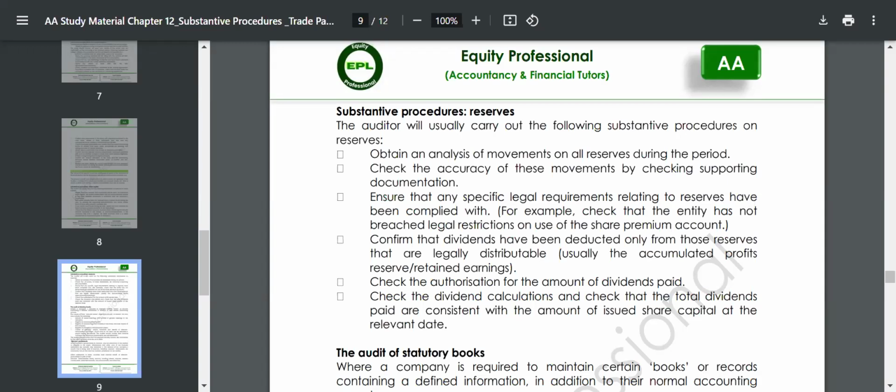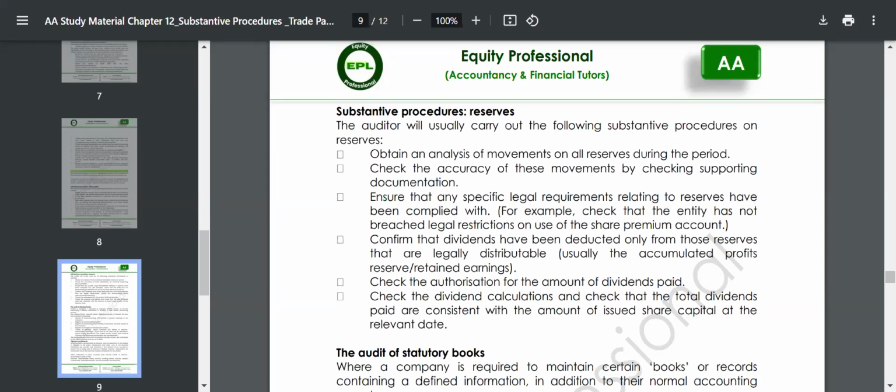Usually, when dividend wants to be paid in a listed company, there will have been an AGM where the shareholders will have been told, there will have been an agreement about what amount to pay. So it's not just a summary payment, it goes through a process. So the auditor will need to check that they've complied with that legal process and that there is appropriate authorization for the dividend paying. You also have to check that the dividend calculation and the total dividend paid are consistent.